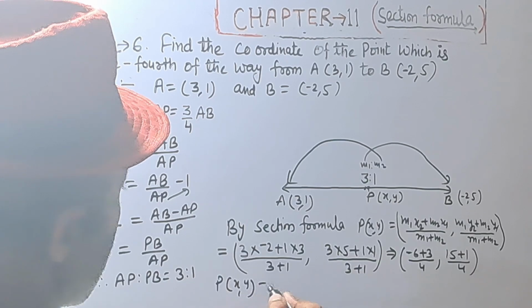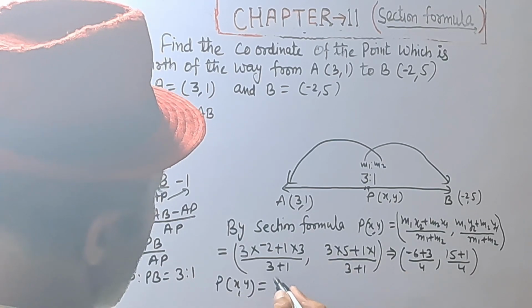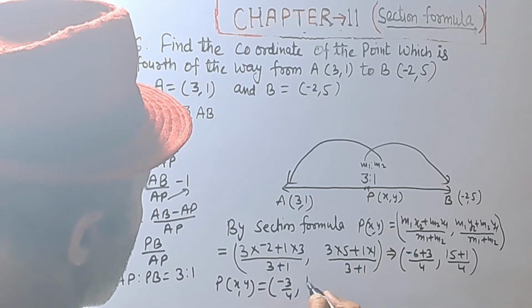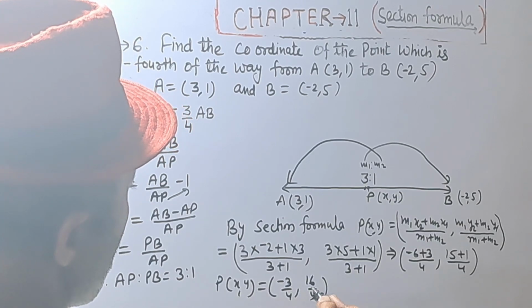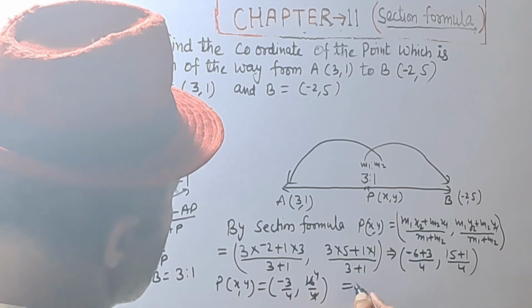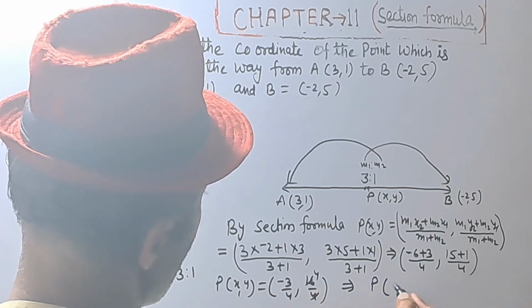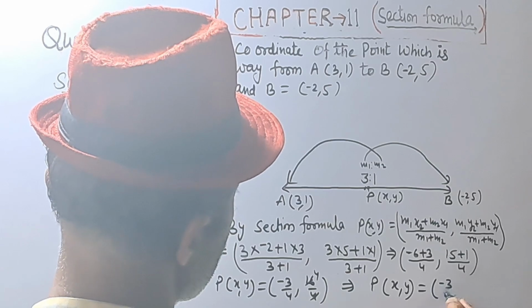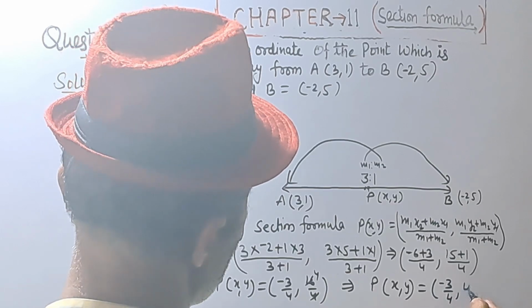P(x, y) is equal to minus 3 upon 4, comma, 16 upon 4, that is 4 4s are 16, and we get the value of P(x, y) is equal to minus 3 upon 4, comma, 4.